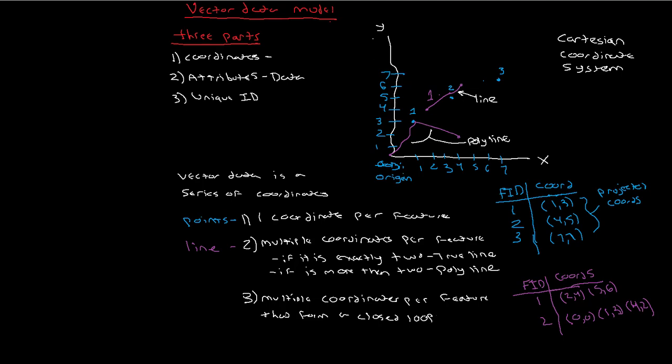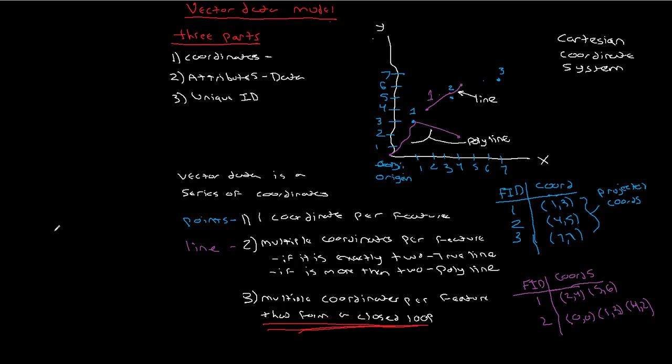I'm going to underline that in red because that form a closed loop. This is the critical definition piece that separates the line from this piece here. So let's do this one in green. And I'm going to put it over here so we have a little bit extra space.